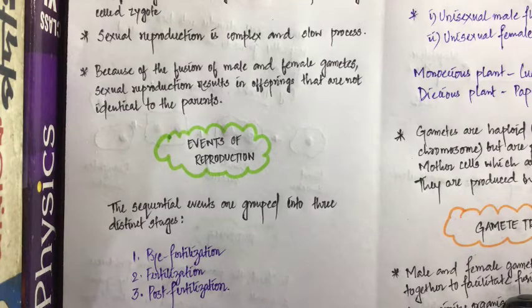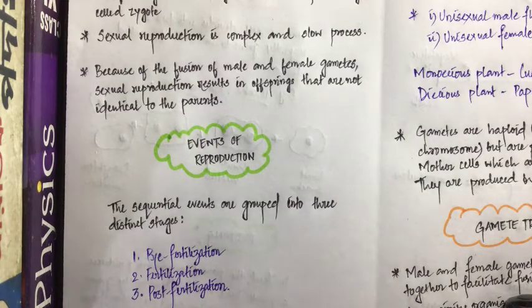You have two parents, mom and dad. You somewhat look like your mom, you somewhat look like your dad, you have some characteristics of your dad, some characteristics of your mom, but you are not similar to any one of them. Why? Because they produce the offspring and these offspring contain a different genetic arrangement.